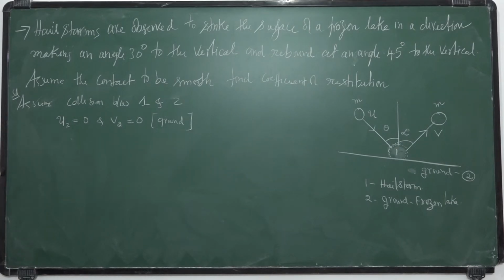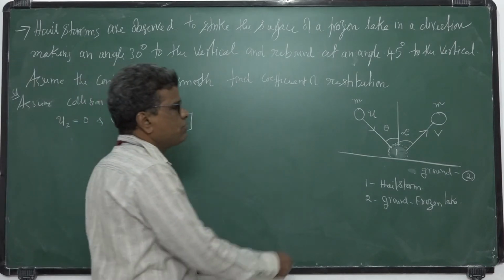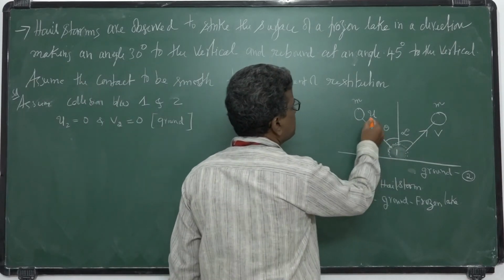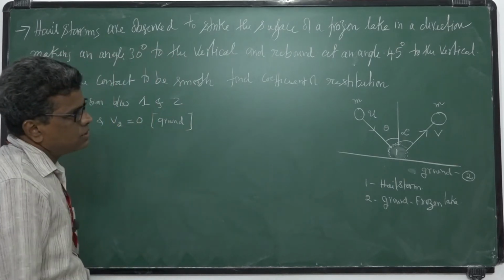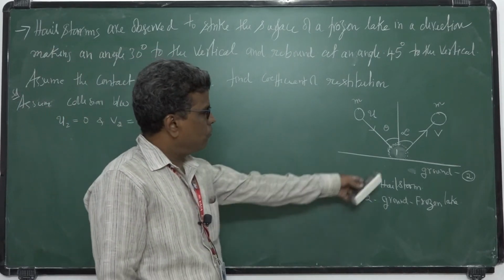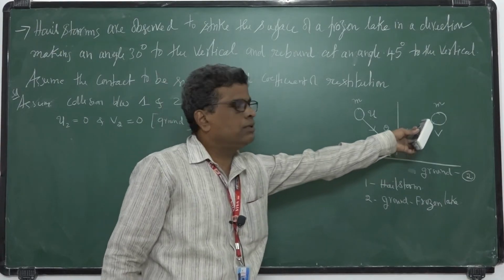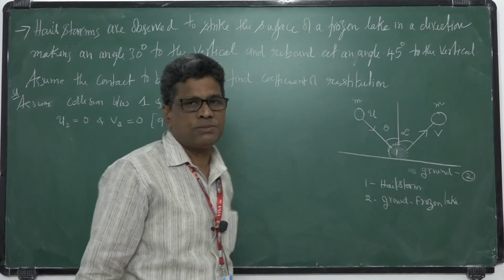The first one, before collision, strikes with a uniform speed. Let u be the speed of the hailstone at the time of collision, and after collision it rises with the speed v.